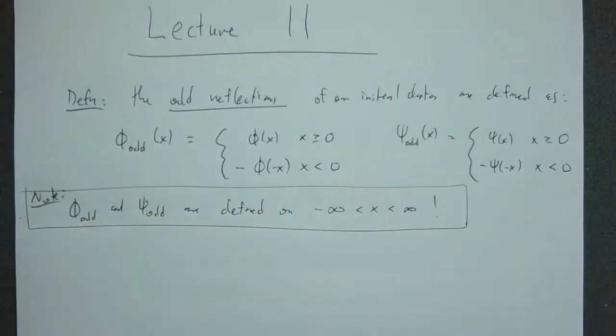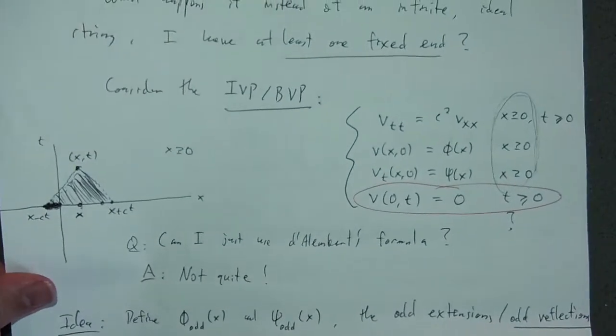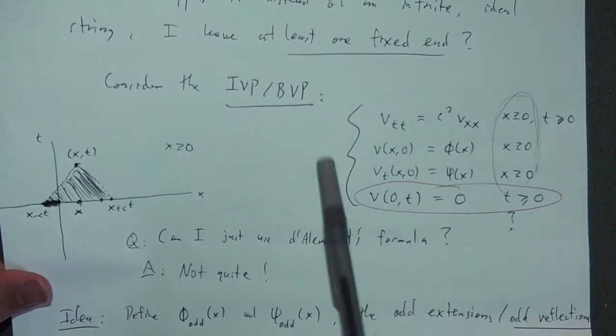Which was the main purpose. And they also, of course, are odd functions. Okay. And so, how can I obtain a solution to my IVP BVP here?